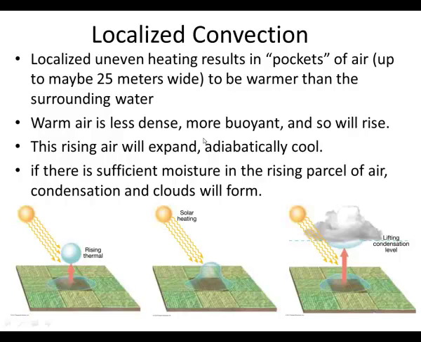And so that's kind of what's being shown here. Like one of these spots is not like the others. It gets warmer from the sun, and as it gets warmer, it heats the air around it.